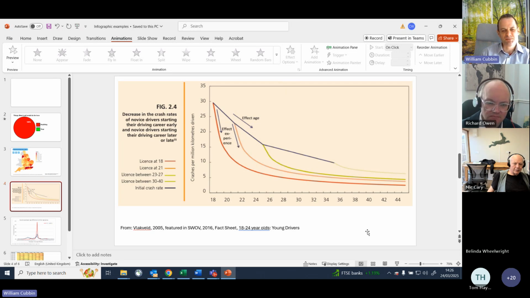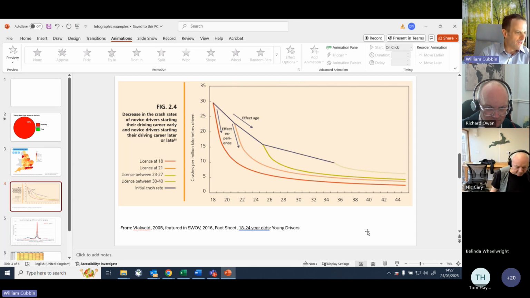And it shows that age and experience are both important variables in crash risk. But what it particularly highlights is that crash risk drops rapidly after licensing. And that is one of the arguments that is made in support of graduated driver licensing. And I think once you've digested this graph, it's quite impactful.